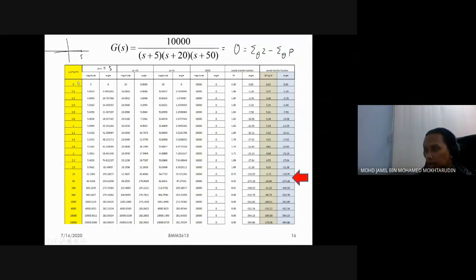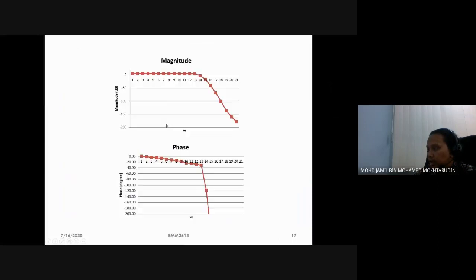So it uses a lot of omega values. After you get all the values for magnitude and angle, then you can plot on a log scale graph. So this is the magnitude plot in decibel, and this is the phase plot.